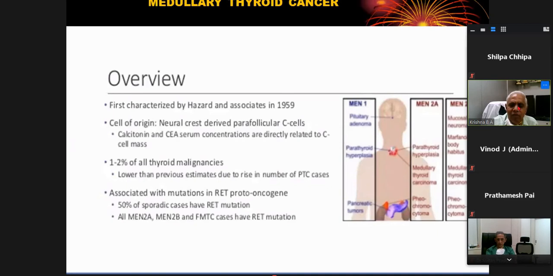In the MEN1, we have the pituitary adenoma, parathyroid hyperplasia, and the pancreatic tumors. In the MEN2A, parathyroid hyperplasia, medullary thyroid cancer, and pheochromocytoma, and MEN2B has a host of things associated with it. So medullary thyroid cancer is a culmination of many of the diseases together.